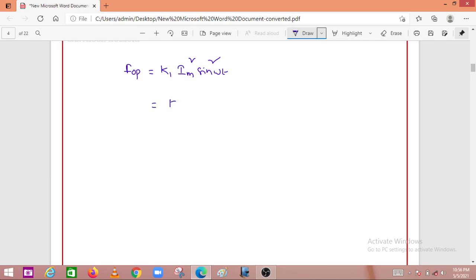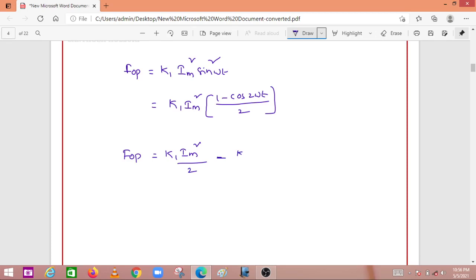So if you write this, K1 into Im square sin square omega t can be written as 1 minus cos 2 omega t by 2. Therefore your operating force can be written as K1 into Im square by 2, minus K1 into Im square into cos 2 omega t by 2.